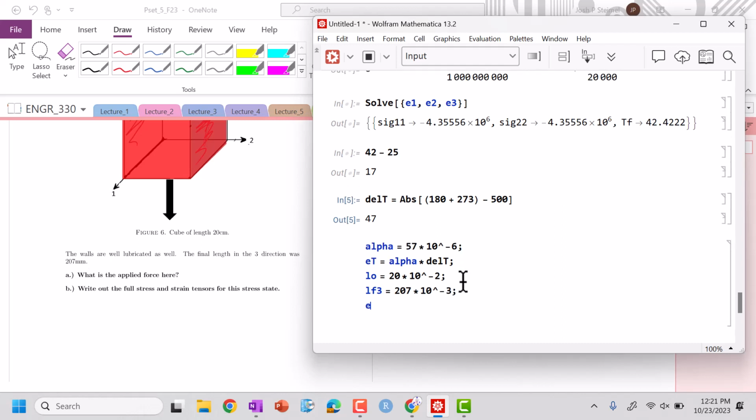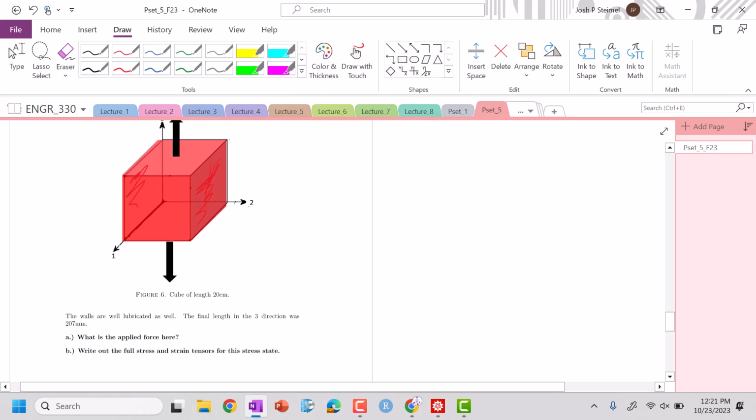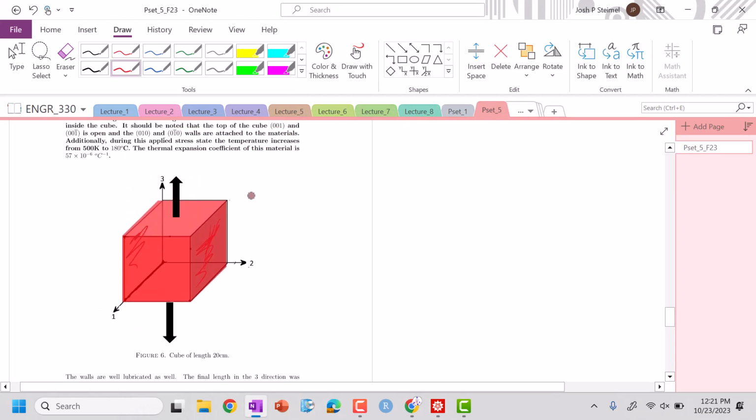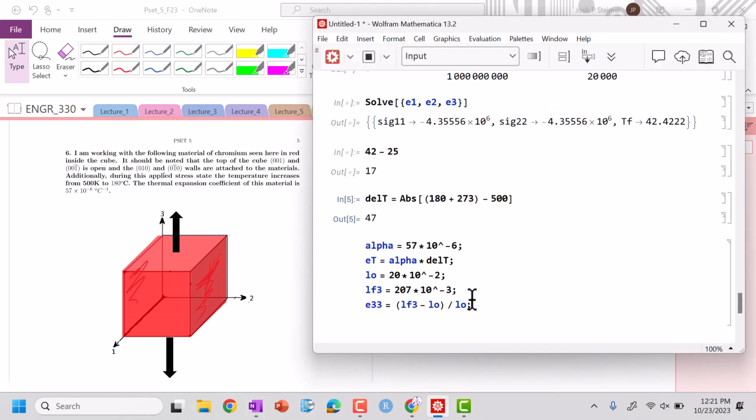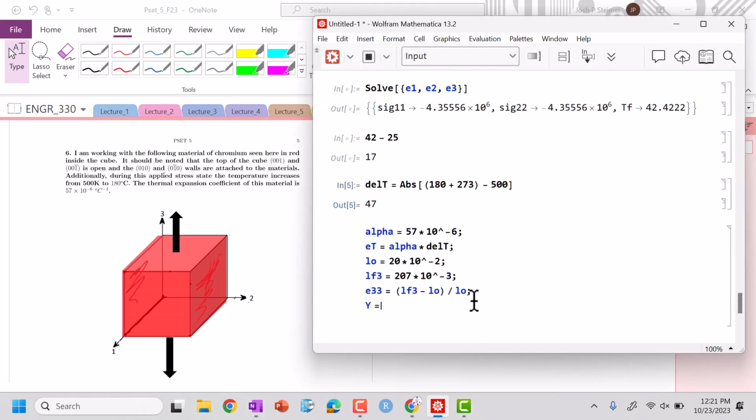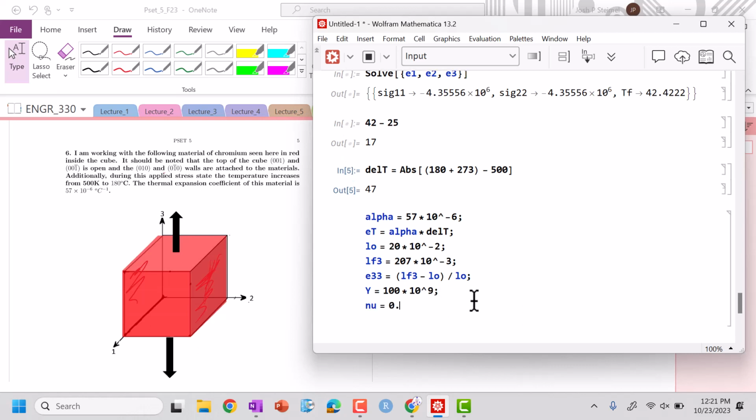So our E33 is equal to LF3 minus L naught, divided by L naught. So what is happening here? It's chromium, so we also know that our Young's modulus equals 100 times 10 to the 9th. Our nu is equal to 0.3.